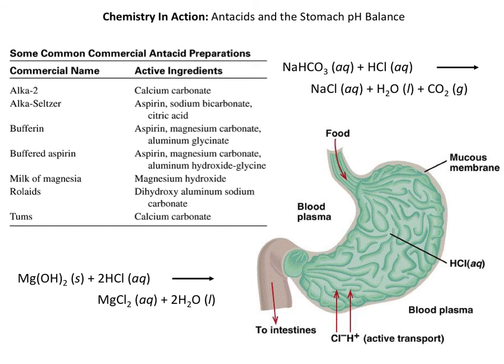Okay, so why do we care about some of these things? Well, acid-base chemistry is prevalent in our world. It's also present within our own bodies. Our bodies must be very tightly controlled as far as the pH goes.